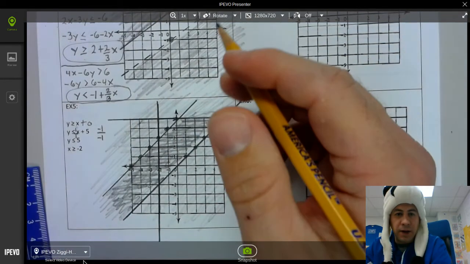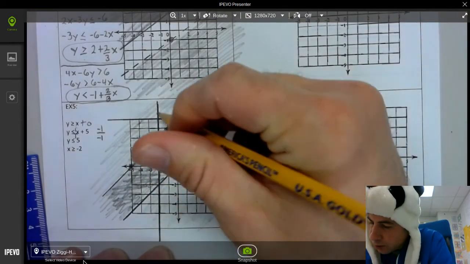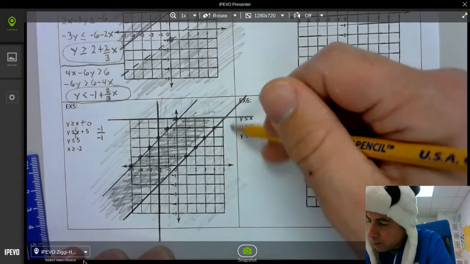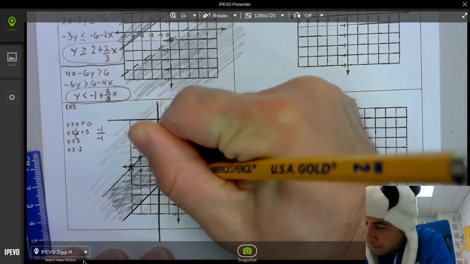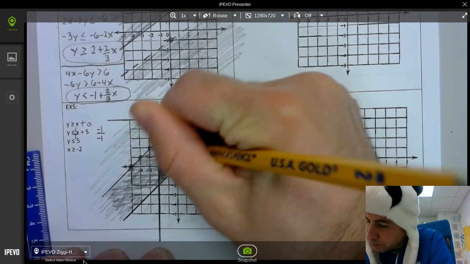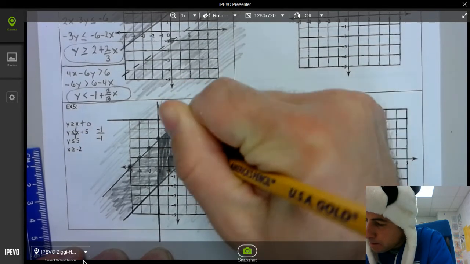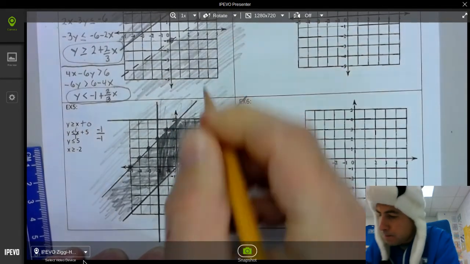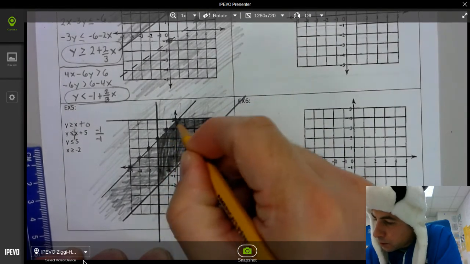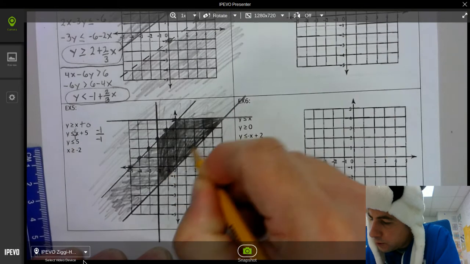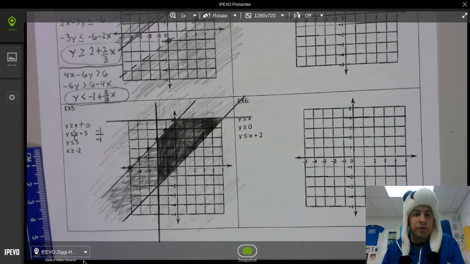And it's greater than, so we go here. But again, the only shaded overlapping region is this region right here. So your solution is this overlapping region.